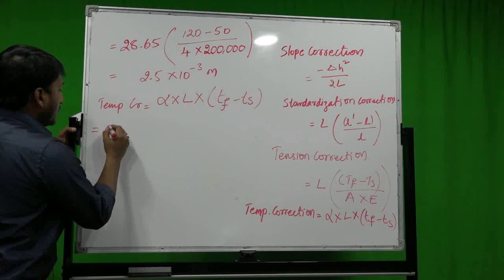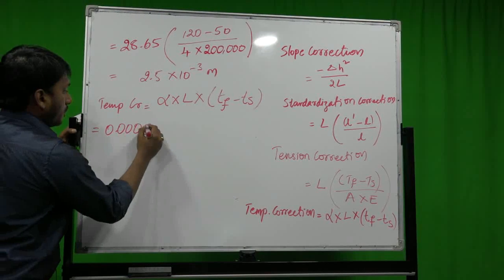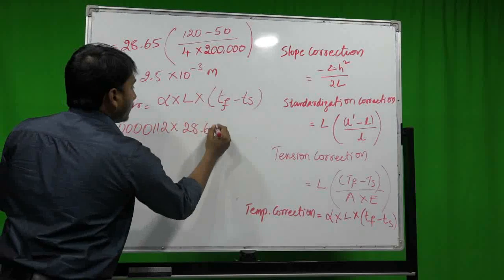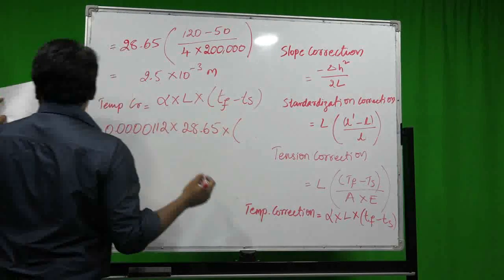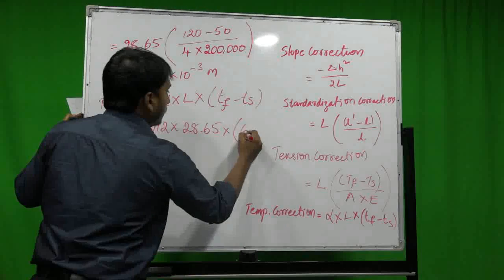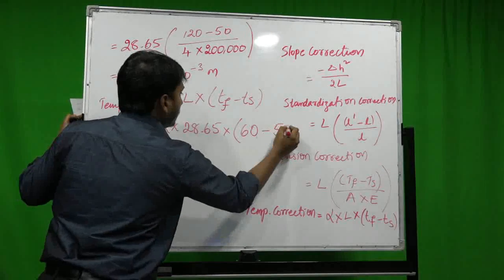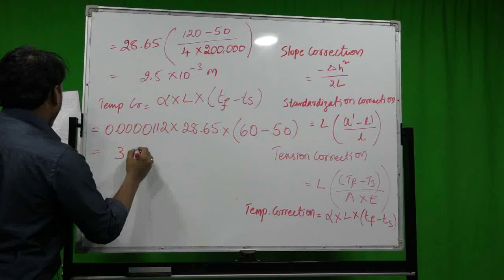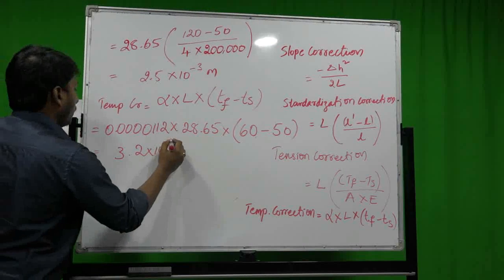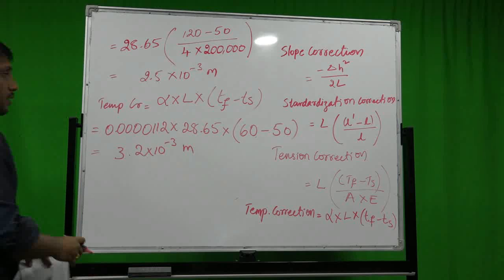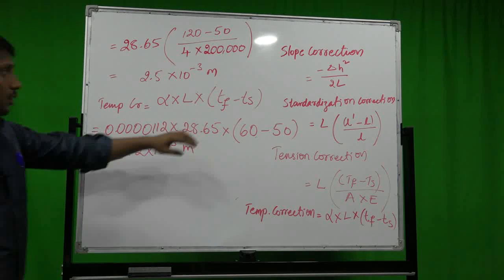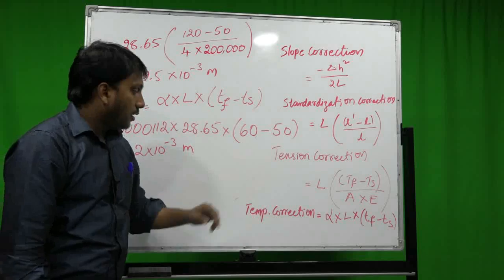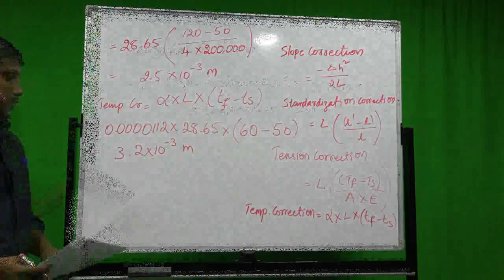Alpha is 0.0000112, L is as usual 28.65, the temperature in field is given as 60 degrees centigrade and the temperature when standardized is 50. If you solve this, you will get 3.2 × 10⁻³ meter. So from this you have calculated all the corrections: slope, standardization, tension and temperature correction.